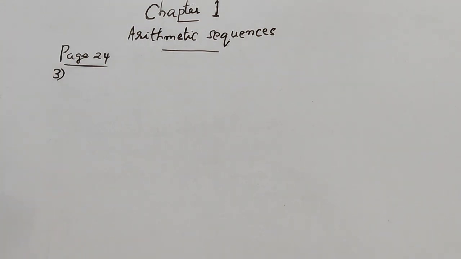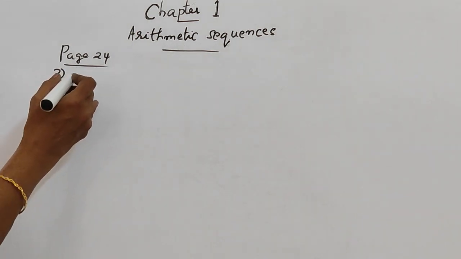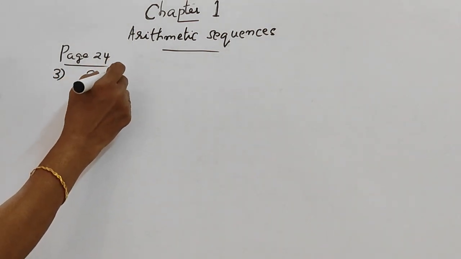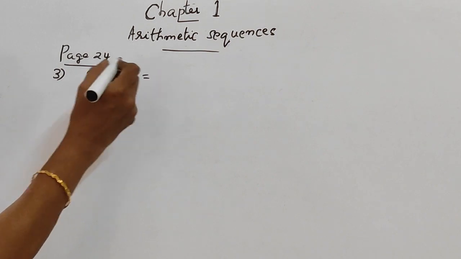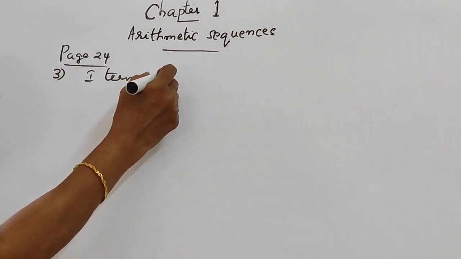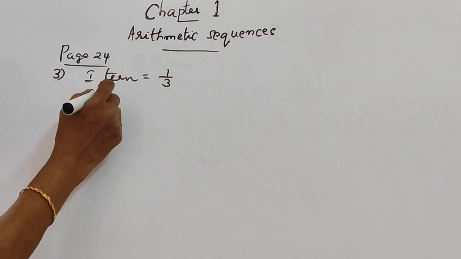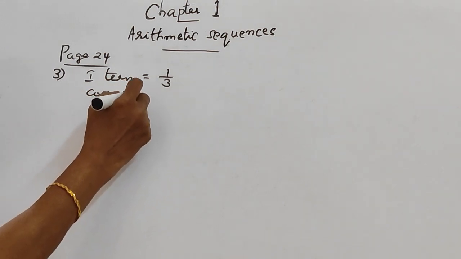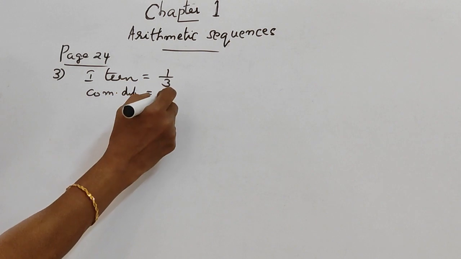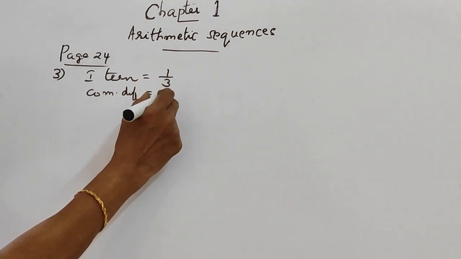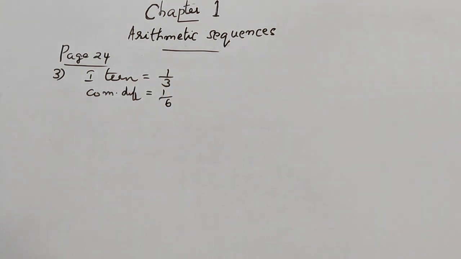Prove that the arithmetic sequence with the first term equals 1 by 3 and the common difference 1 by 6 contains all natural numbers.